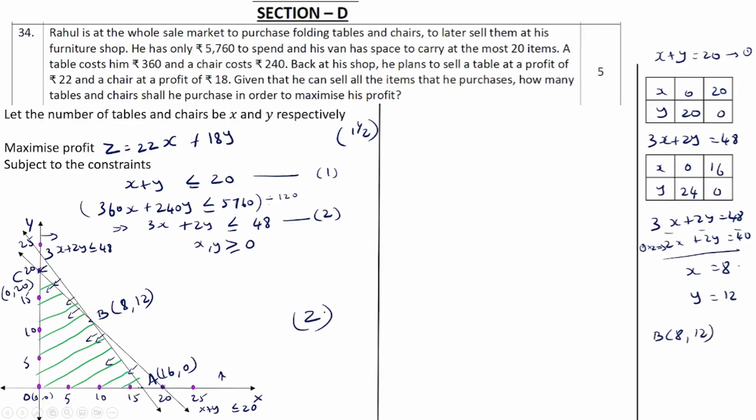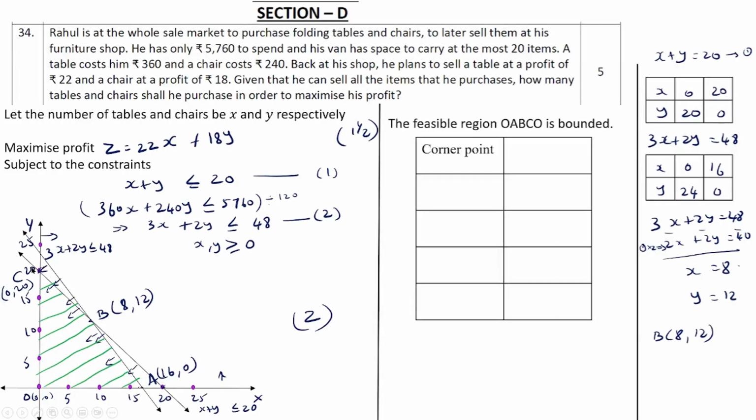Now let us proceed with finding the values of x and y that will maximize z. Here we can see that the feasible region OABCO is bounded. Since this feasible region is bounded, the maximum value of z will occur at one of the corner points.